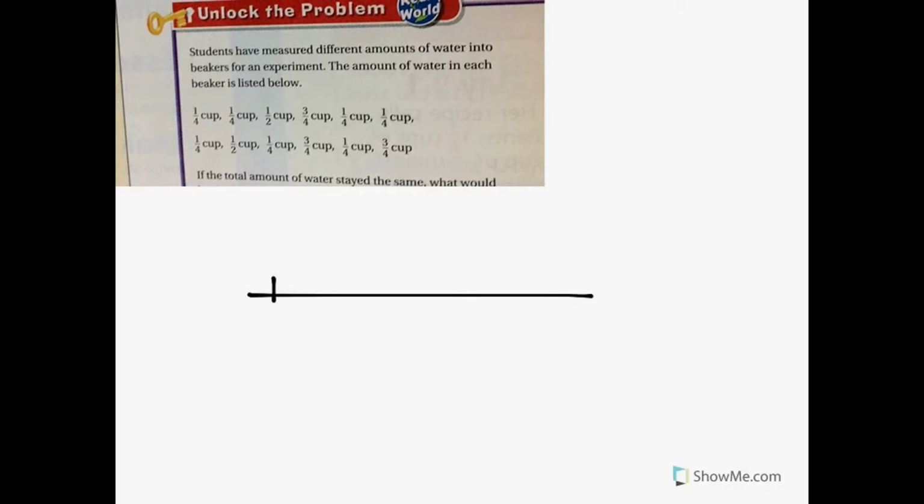That will often be filled out for you: 1/4, 1/2, and then 3/4. So what you need to do is go to your data, look at each amount, and then you're going to put an X above the corresponding amount on your line plot.